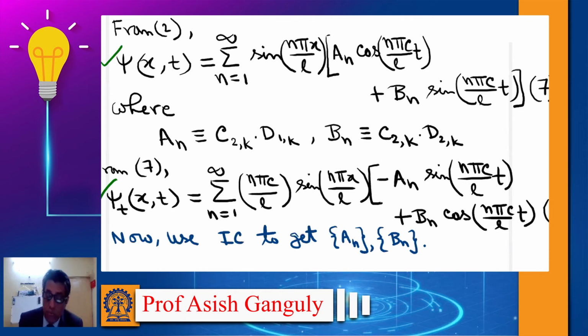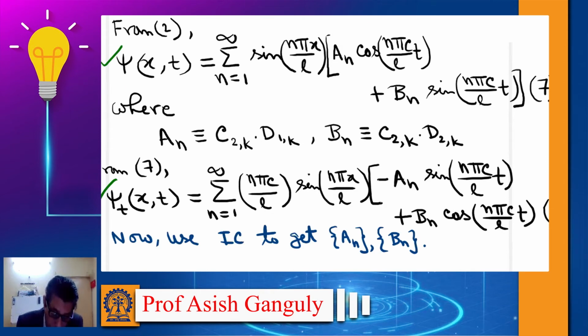So there are two parts. Each part actually represents stationary waves. I will show you that there will be a phase difference of pi by 2 between the two components, psi n1 and psi n2, so there will be a mixture of waves.